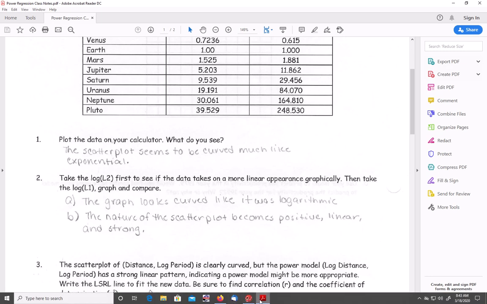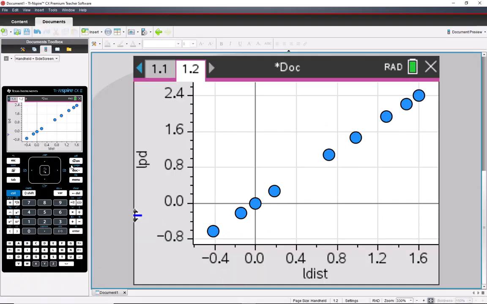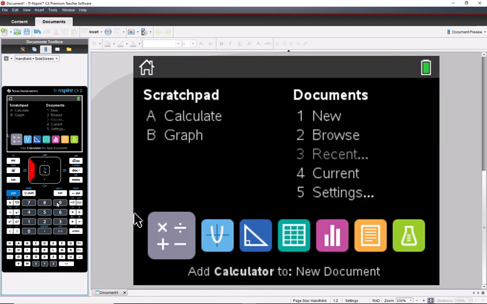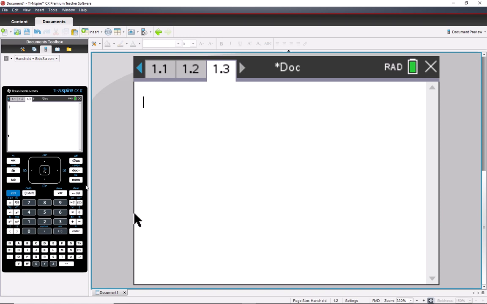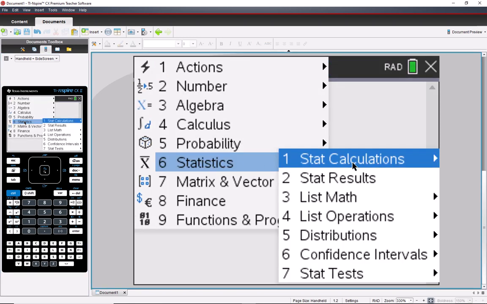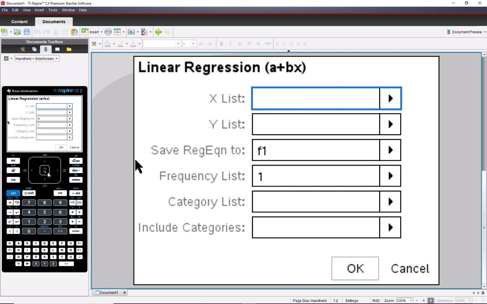So now that it's linear, let's come back here and create the linear model, all right? So we'll go home and we'll scoot over to here and hit enter. And let's go ahead and do menu, statistics, stat calc. Since we made it linear, let's go with linear regression a plus bx.